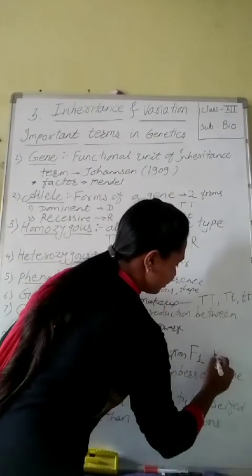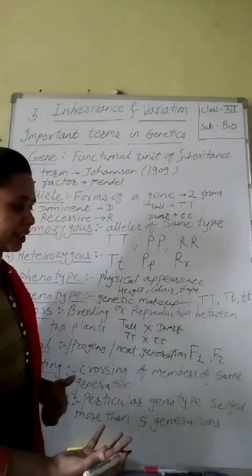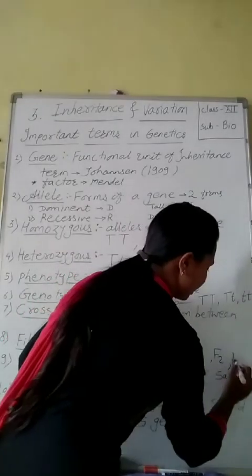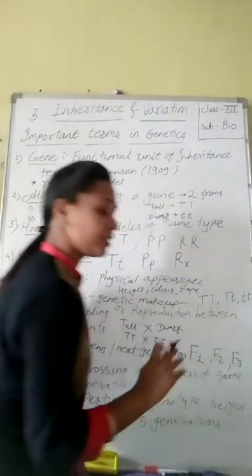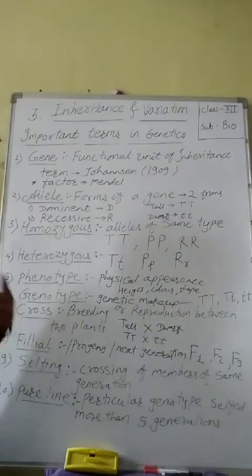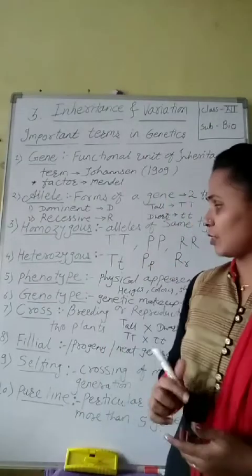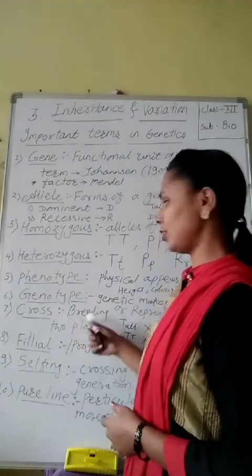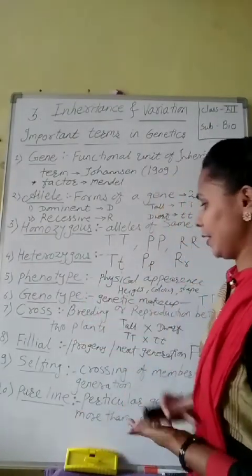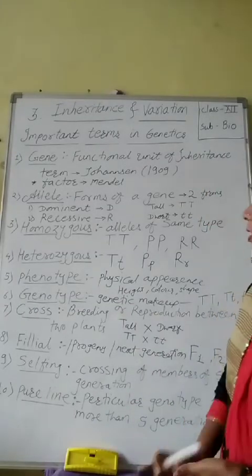If we have written F2, it is F2 generation, means second generation. Like that we can use F3 generation, means third generation. Like this, filial means progeny or next generation, or the children which were formed from the crossing or reproduction or breeding. Okay, and it is denoted by capital F letter.